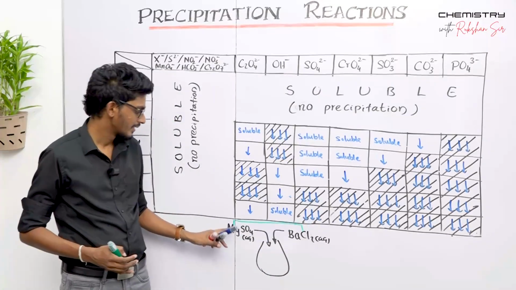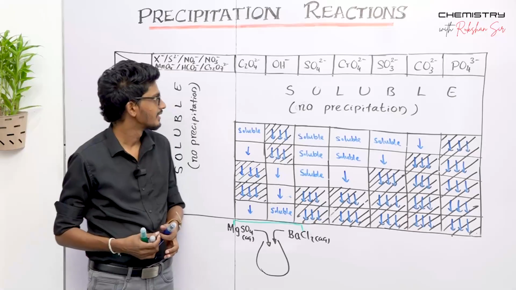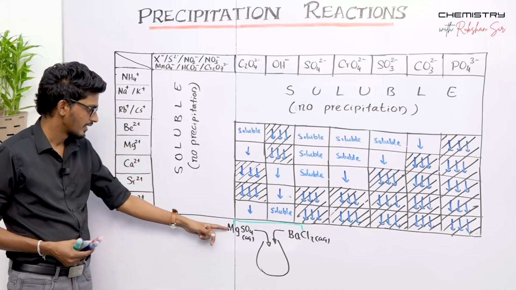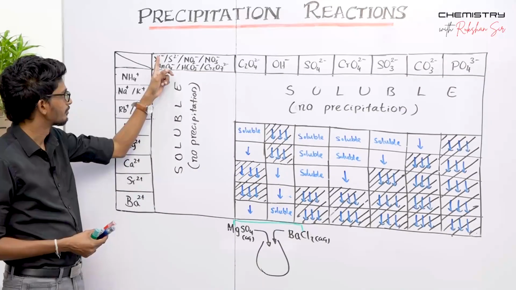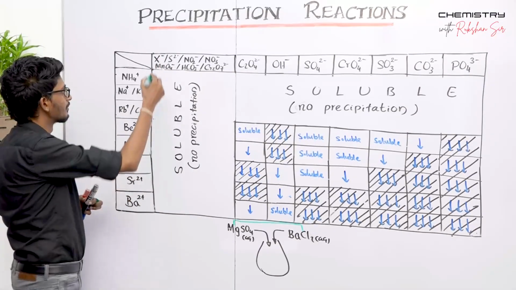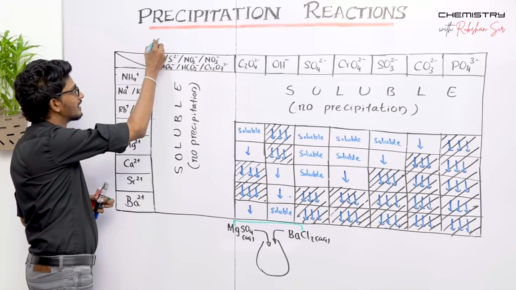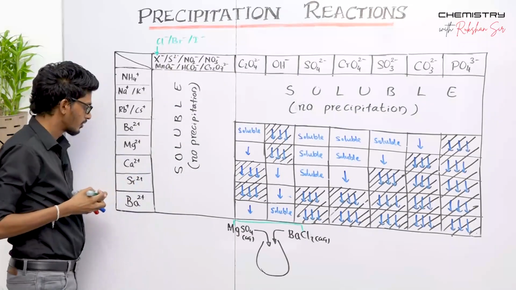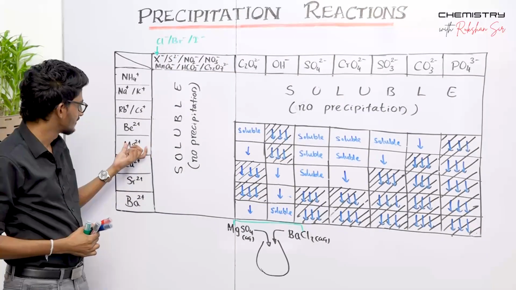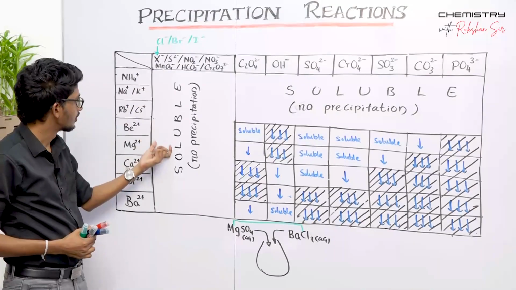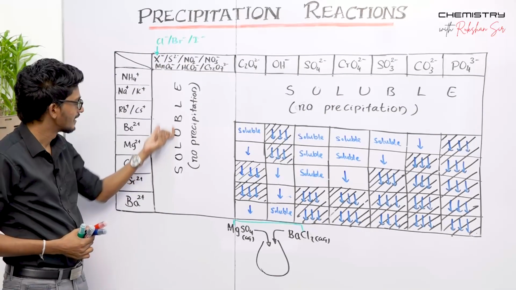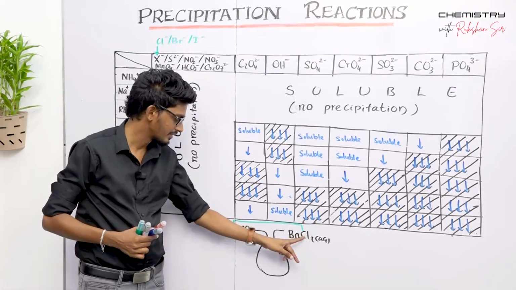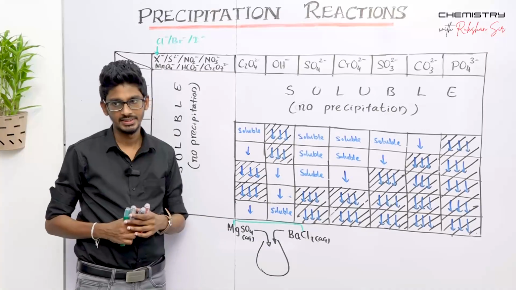Is it a precipitate? Just check here: Mg2 plus is there, and the X minus is about the halides, Cl minus, Br minus and I minus. You see the magnesium 2 plus ion with the X minus sign. The precipitation table says it's soluble, no precipitate occurs. So magnesium 2 plus and the Cl minus combination won't give you a precipitate.